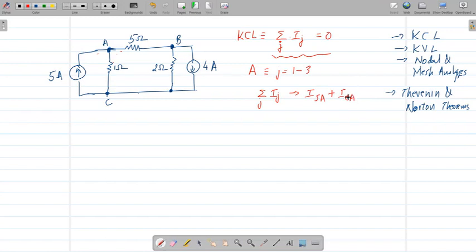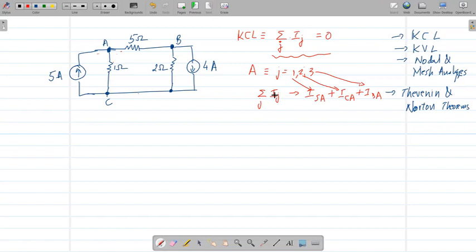But the point here is there is a current flowing from node C to node A, and a current flowing from node B to node A. So when I say J goes from 1 to 3, that means J has the values 1, 2, 3. So 1 corresponds to this, 2 corresponds to this, 3 corresponds to this.